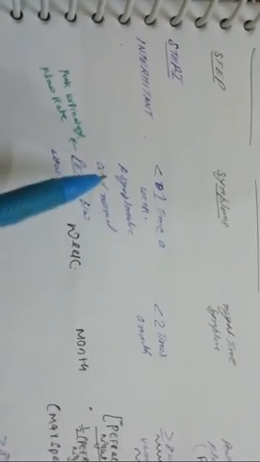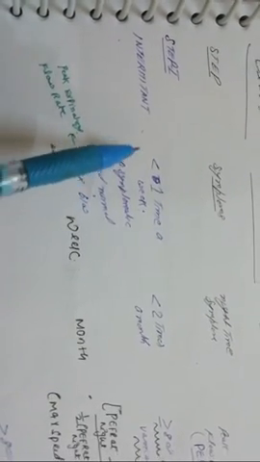If you look at the first one, intermittent, we have symptoms less than one time a week. You should have symptoms less than one time a week, and be asymptomatic and normal between attacks, with a normal PEFR between the attacks.